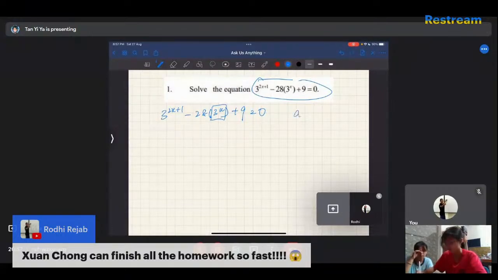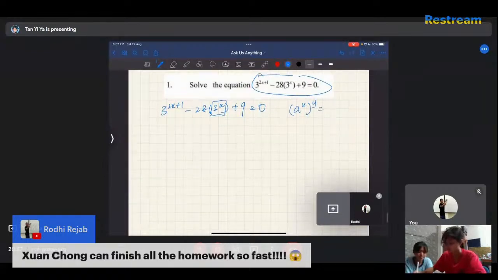As we know, a to the power of x times a to the power of y equals a to the power of x plus y.